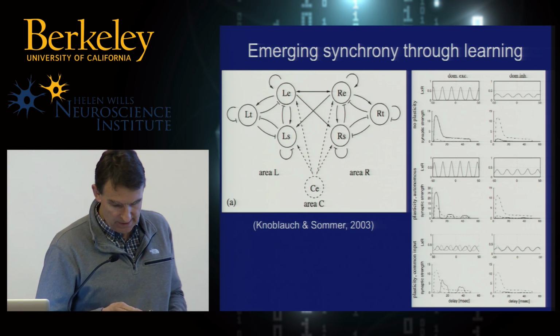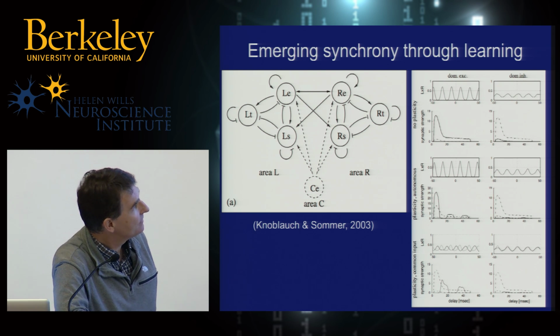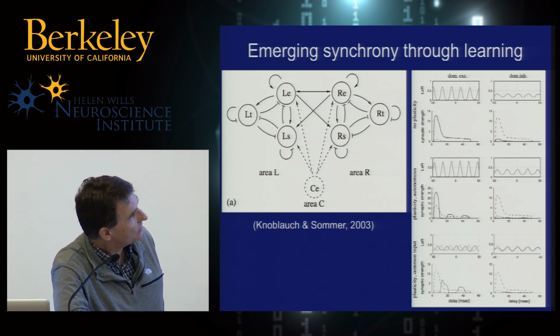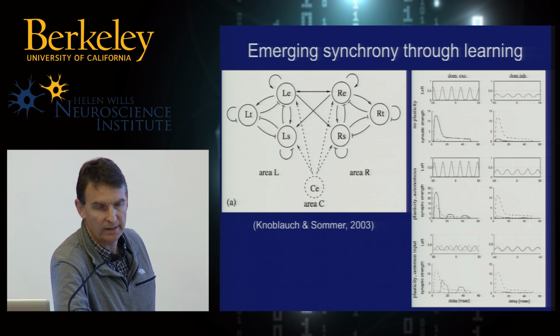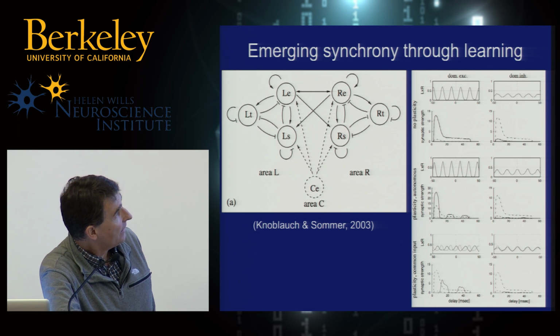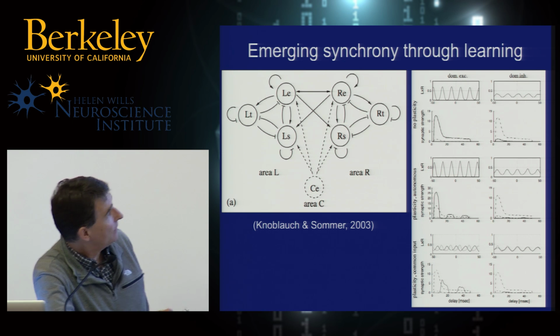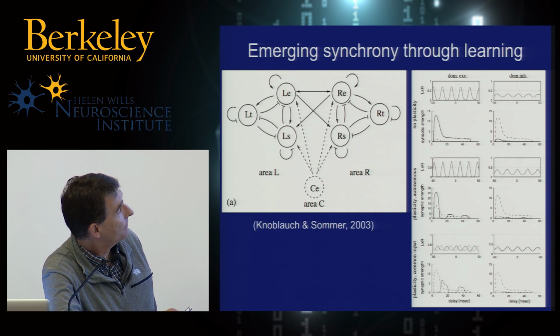We studied this a little bit by putting Harvey Swadlow's distribution of conduction delays into a simulated neural network, again with conductance-based neurons. Let's say you have two brain areas, each with an excitatory pool and two inhibitory pools.